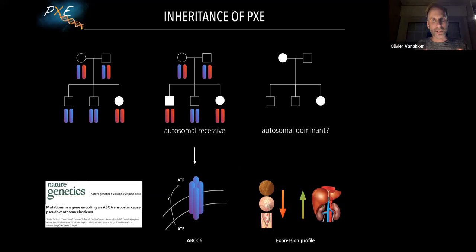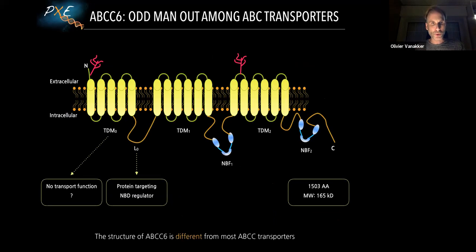And it gives rise to this very complex protein, a transporter protein, part of a very large family, which is still somewhat ambiguous, and it still surprises us even after 20 years that there are novel functions, unclear functions.